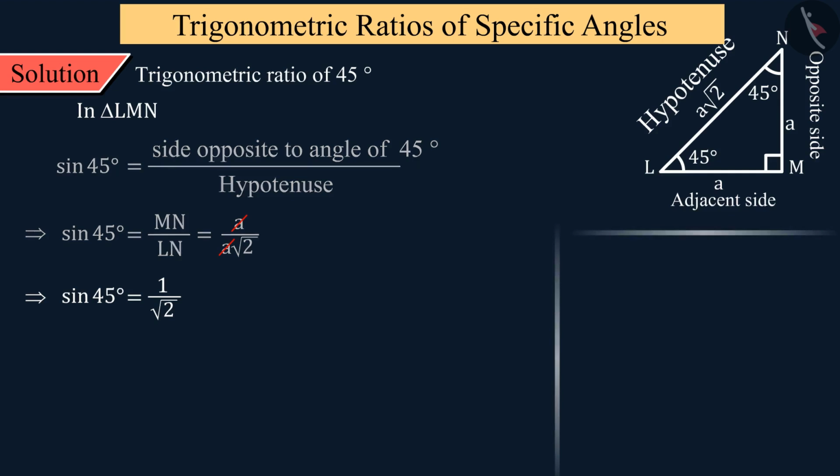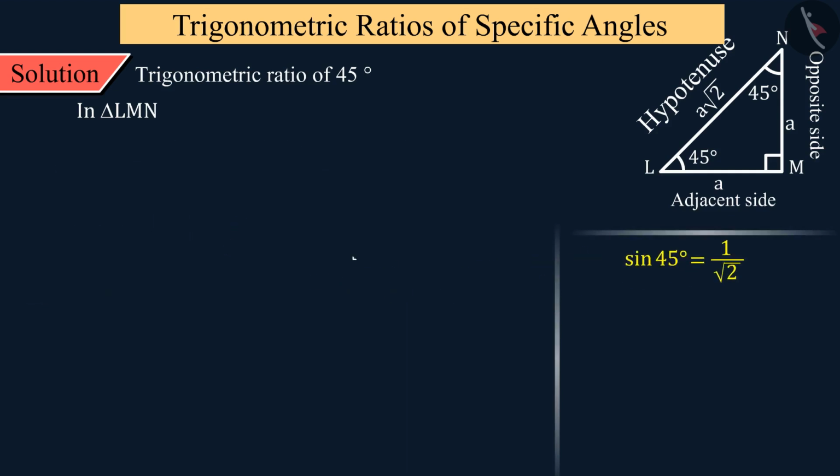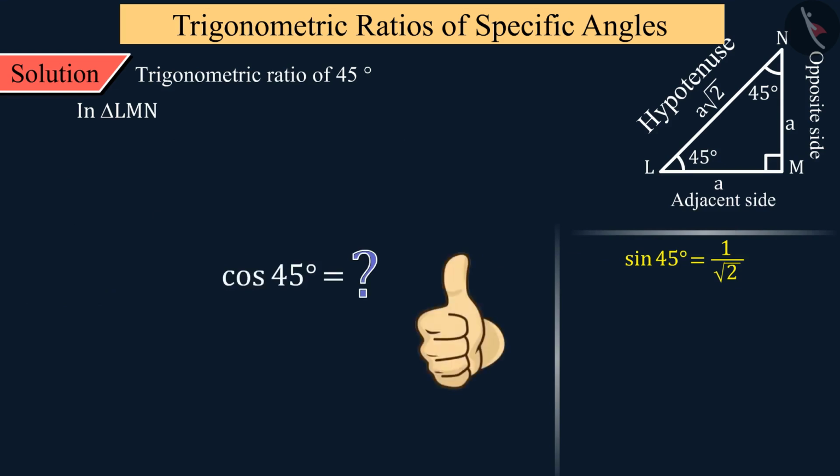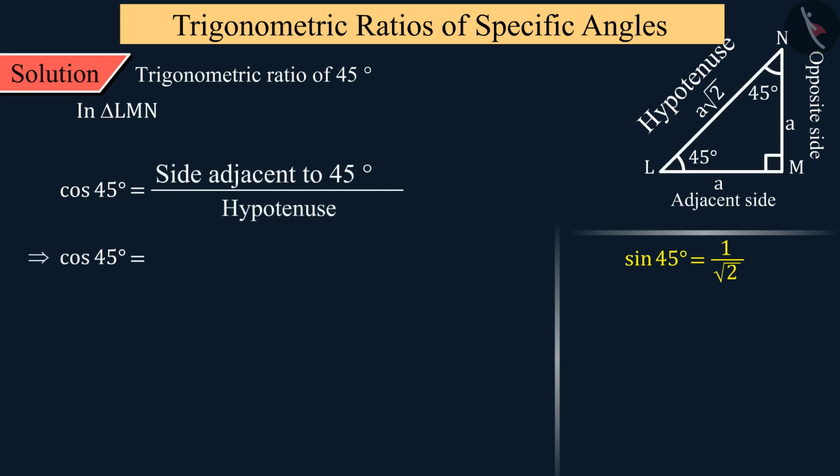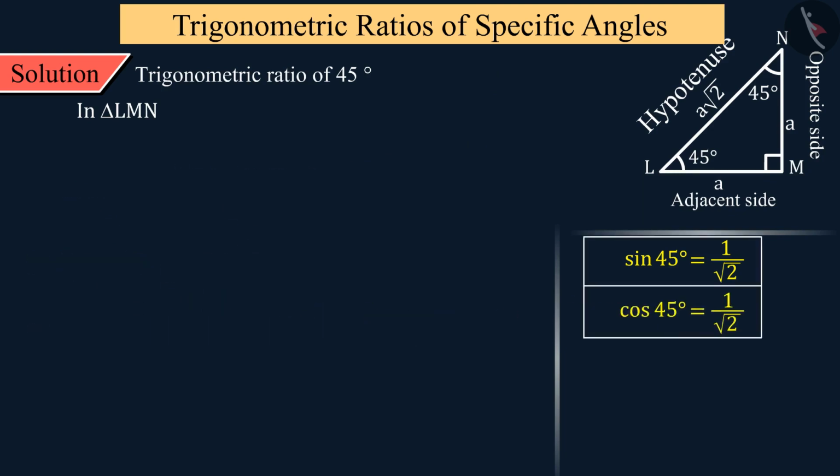So, can you tell me what will be the value of cos 45 degrees? Absolutely right. For this, find the ratio of the adjacent side and hypotenuse of angle L. On solving this, the value of cos 45 degrees is also given as 1 upon square root 2.